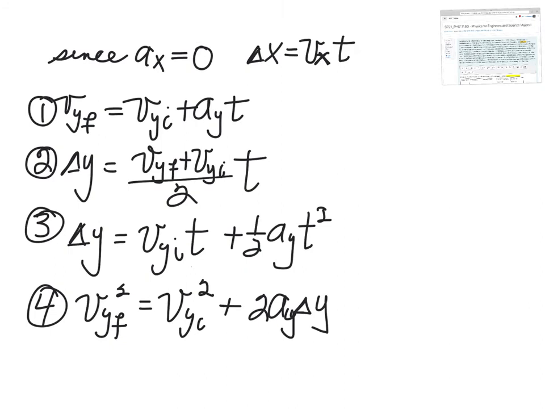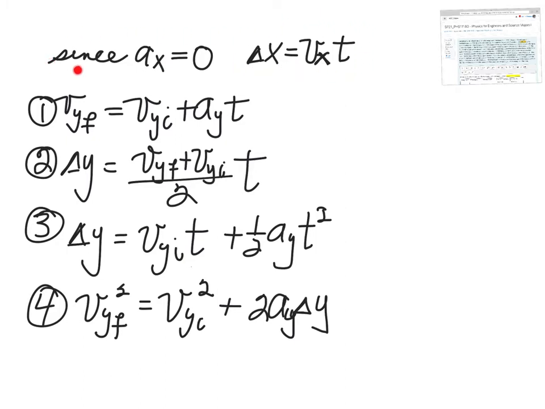Actually, I decided it's worth writing it out just so it's exactly the way it is on your equation sheet. When you look at those 4 equations and you let ax be 0, all those 4 equations reduce to just a single equation, this one.